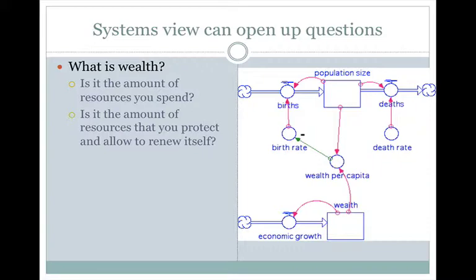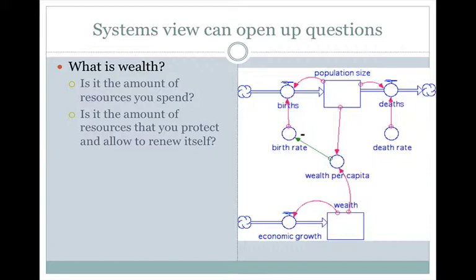Is wealth the amount of resources you spend? Or is wealth something that's related to the amount of resources that you protect and allow to renew itself? So is wealth the money you have in the bank and that you spend every month? Or is wealth the amount of money you have and property you own that you're a good steward over and maintain the natural capital and sustainable growth?